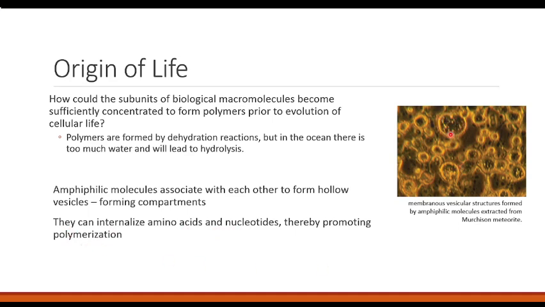If these amphipathic molecules form these vesicles, and somehow you have the building blocks, nucleic acids, amino acids, as well as monosaccharides, and they are trapped within this compartment, then you now have the capability to produce polymers that will be confined to this particular compartment.